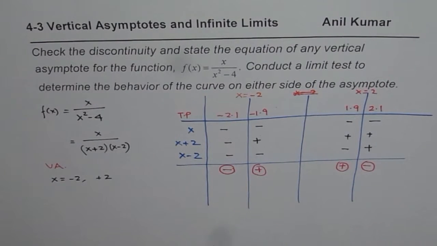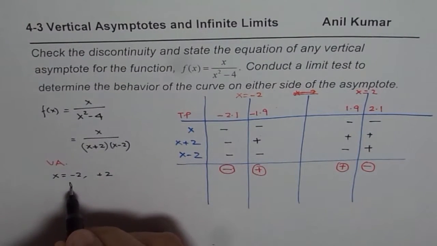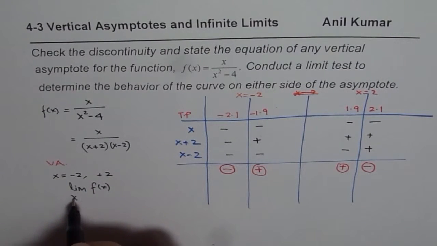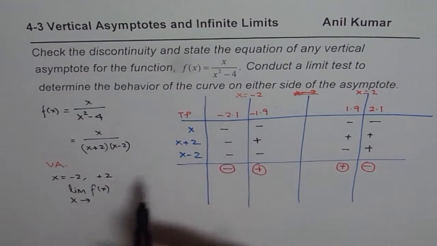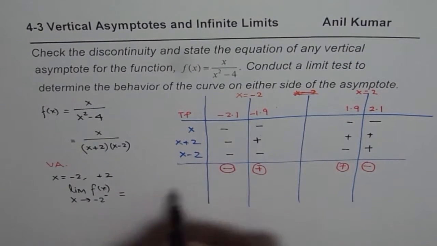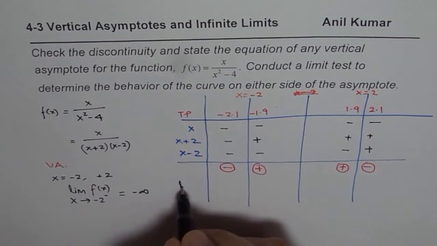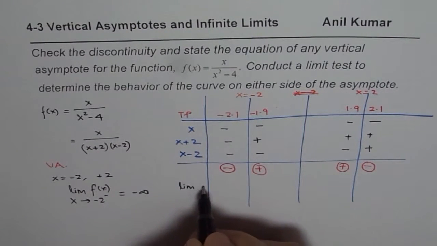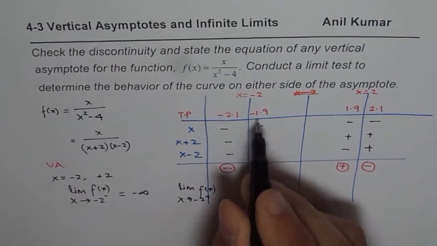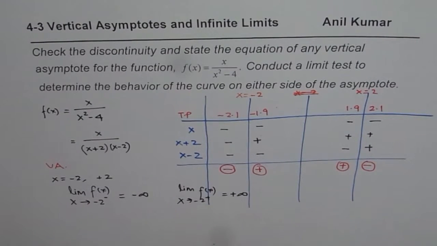So we can very clearly see from this that the limit of the function f of x as x approaches negative 2 from the left side is equal to negative infinity. That is what it is, correct? And we can say the limit of the function f of x as x approaches negative 2 from the right side is equal to positive infinity. That is how we can write this, right?